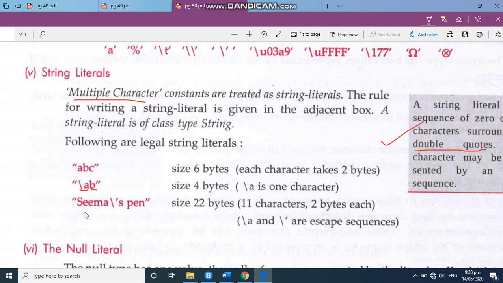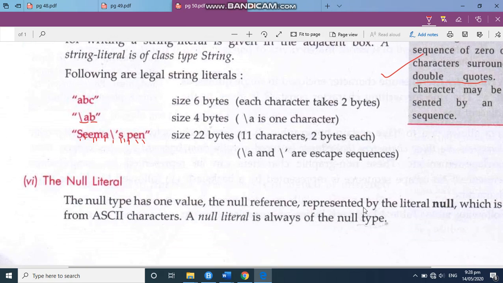Now Seema's pen, this is 1, 2, 3, 4, 5. Now this is an apostrophe with the escape sequence, 6, 7, 8, 9, 10, 11, because space is also a character, so there are 11 characters. About what is written here, the bytes, we will talk about this later.